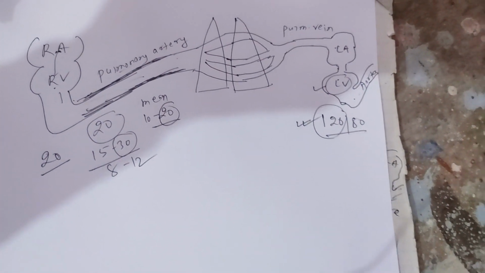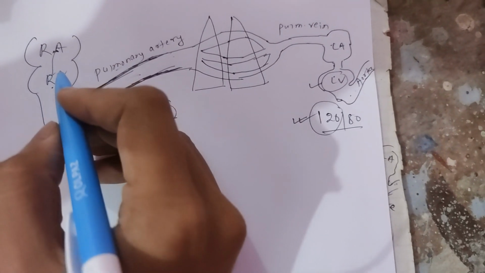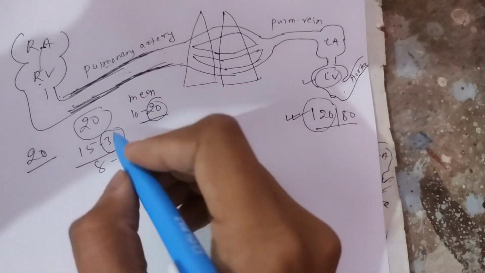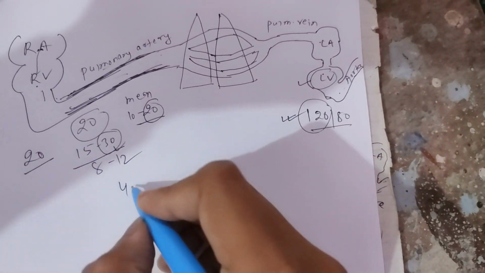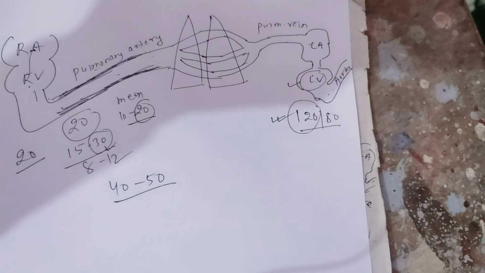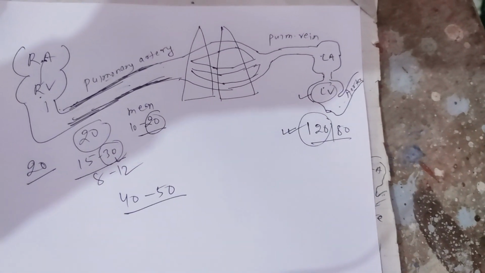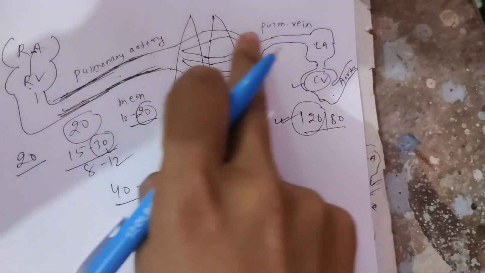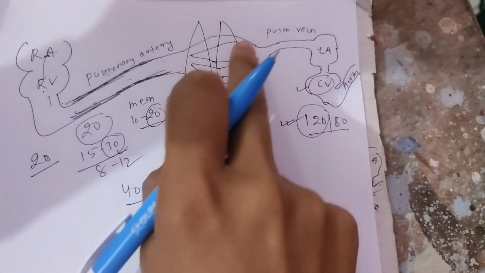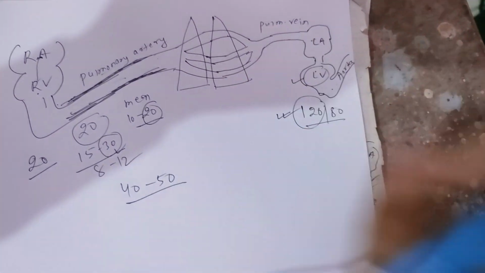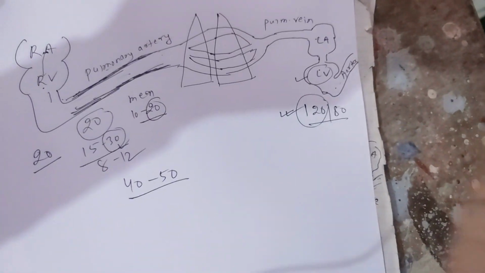Another cause can be that the right ventricle is generating greater force. Normally it generates systolic 30, but let's suppose the right ventricle has to generate like 40 to 50 mmHg pressure. Why does the right ventricle have to generate greater pressure? Because there is some obstruction in the pathway that is not letting the blood flow to this side, right? So what are the obstructions?